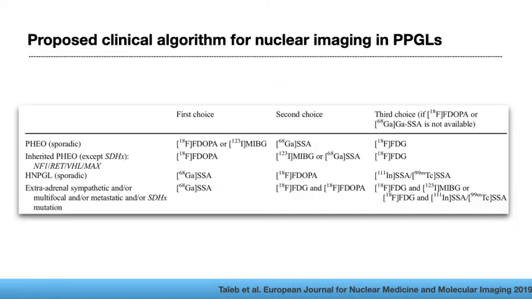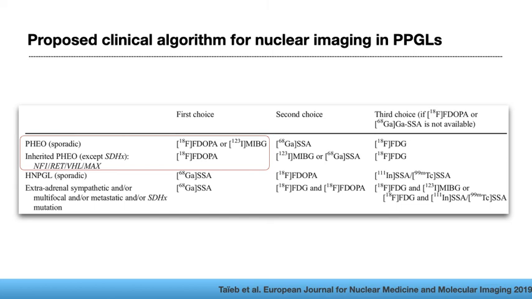And this table is from the European Association of Nuclear Medicine Practice Guidelines 2019, which shows the proposed clinical algorithm for nuclear imaging in patients with pheochromocytoma and paraganglioma. They recommend the use of gallium dotatate PET scan as a first choice in cases with extra-adrenal sympathetic or parasympathetic paragangliomas, and it comes as a second choice in patients with pheochromocytoma, either sporadic or inherited, except for those patients with SDHx mutations.